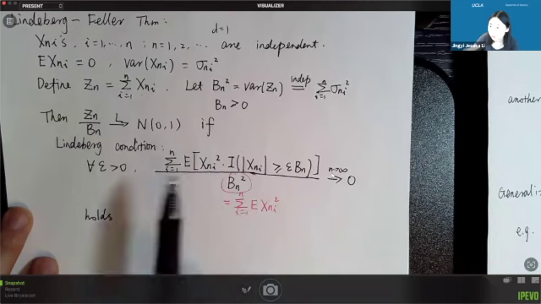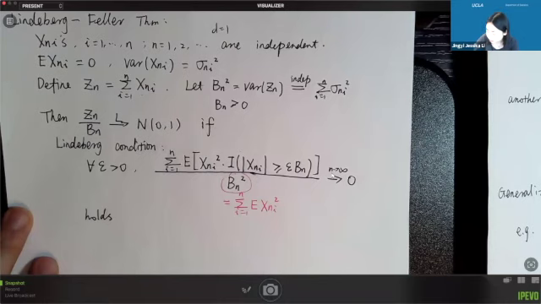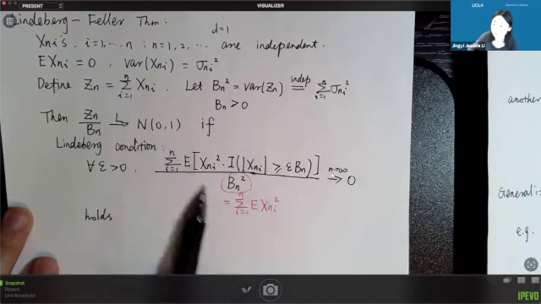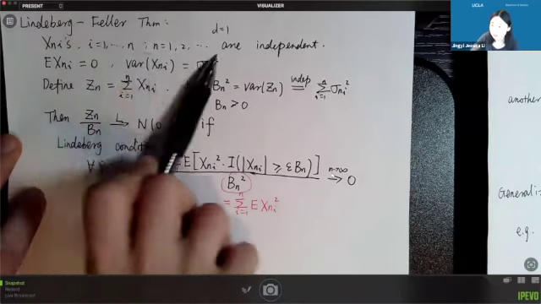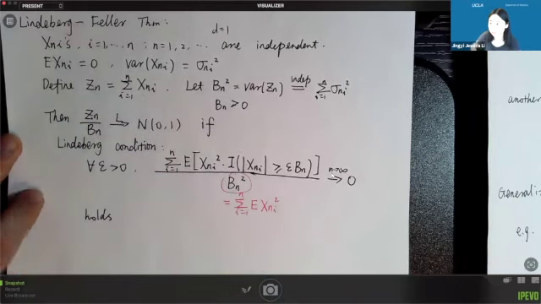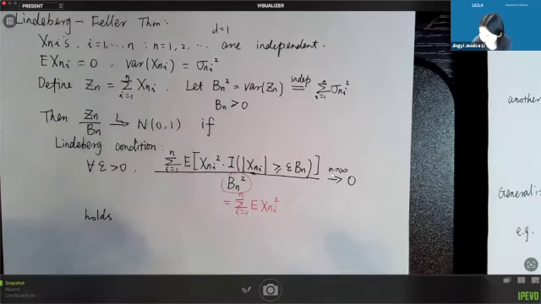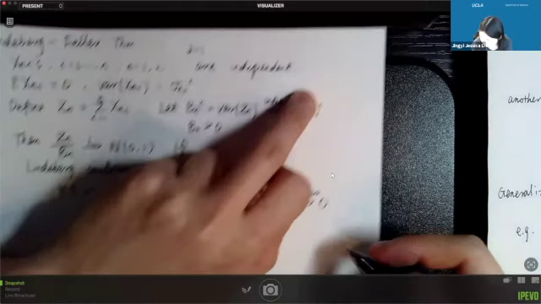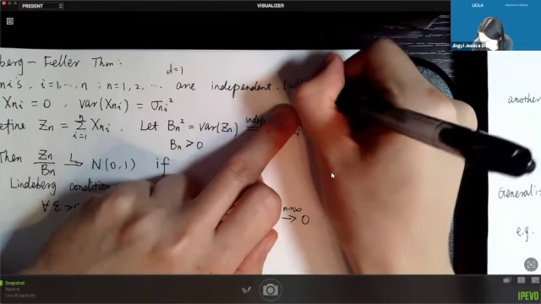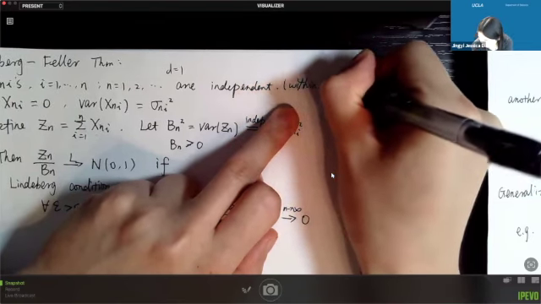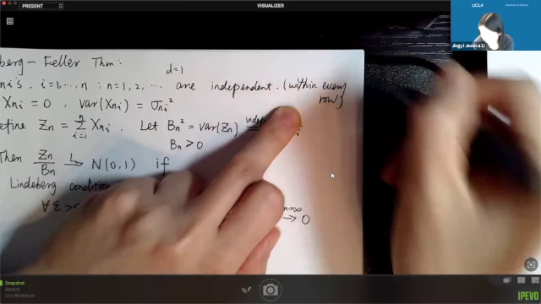So we don't have to worry about any dependence across the rows. We only calculate this for one row. Okay, great. So we just need independence within a row, not across rows. Let me make a note: within every row. Yeah, that's a good question.